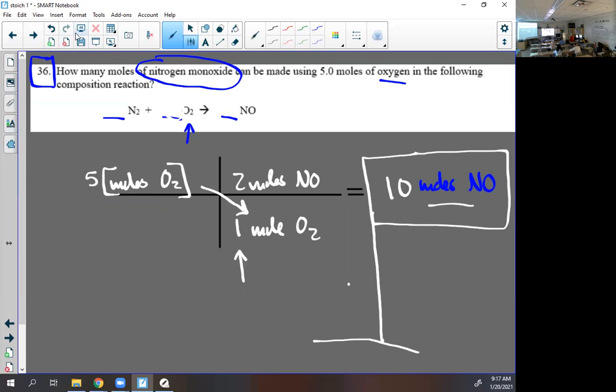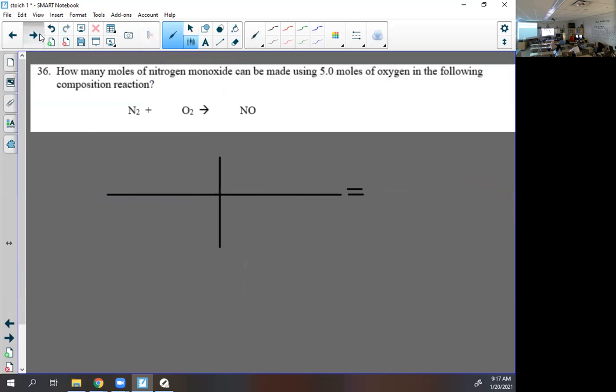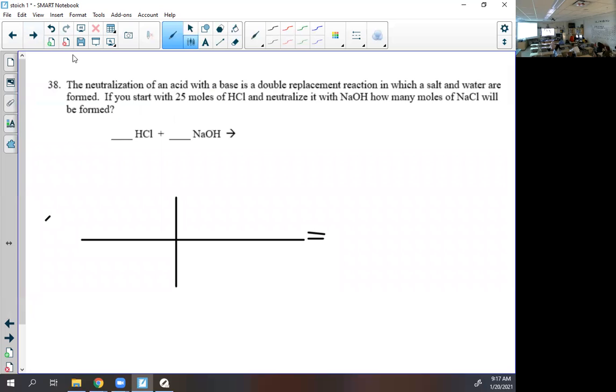Okay, let me get rid of all that. We'll go to the next slide. This one is kind of pointless, but it's all right. We can practice the process. The neutralization of an acid with a base is a double replacement reaction in which a salt and water are formed. Okay, well, I know it has water because it said.